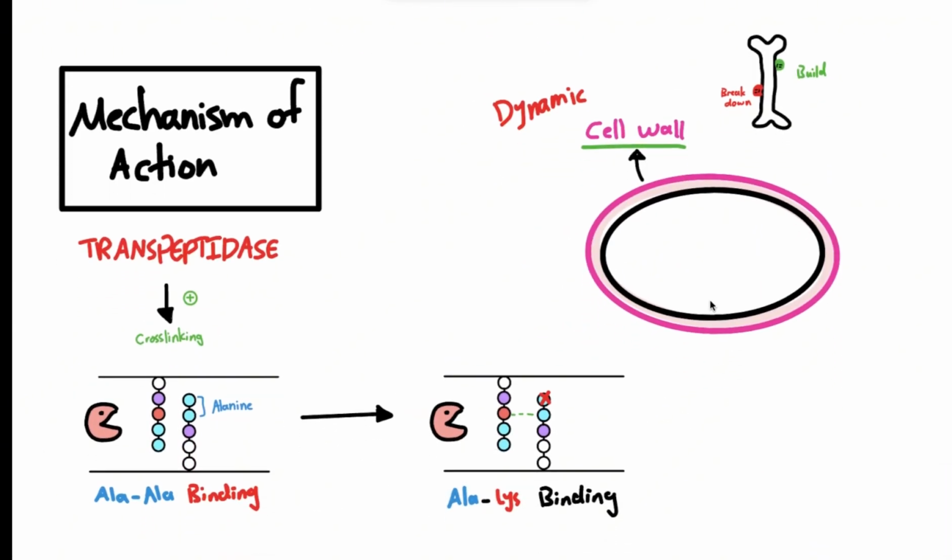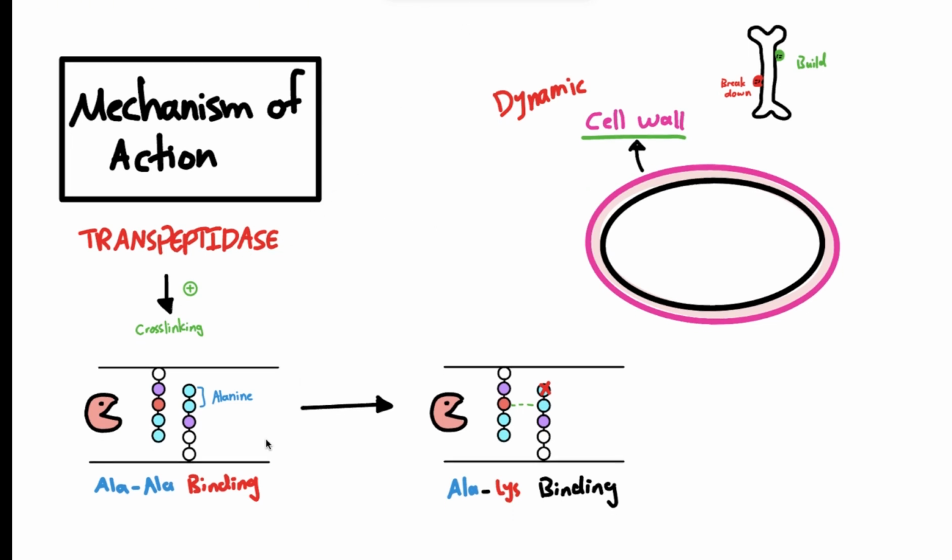One of the most important enzymes that are used is a transpeptidase. A transpeptidase is important because in the cell wall, we have peptidoglycans. Here on the screen, you can see a form of peptidoglycans and how it looks. Typically, every chain of these would end with 2 alanine residues.